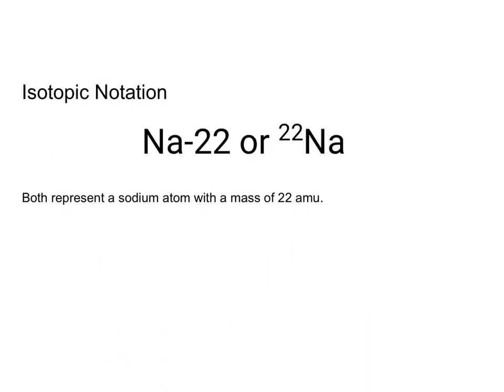And we saw this on the last slide as well. There's a specific type of notation that we use when we are looking at the mass numbers of isotopes. So I can write this in a couple of different ways. I can either write the name or the symbol and then a dash and then the mass number. So this is my mass number for that particular isotope.